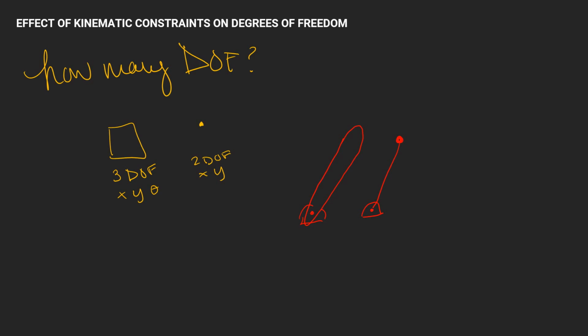In this case, for each example, either the rigid body or the mass particle, each of these systems now has 1 degree of freedom. So adding this pivot point, or what's also referred to as a revolute joint, takes your degrees of freedom and changes it to 1.